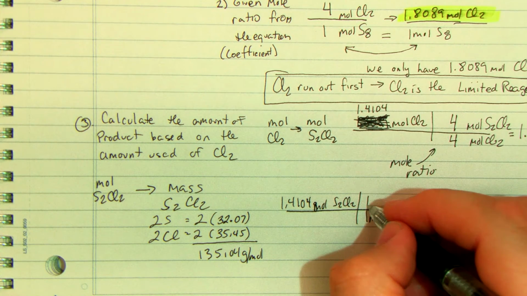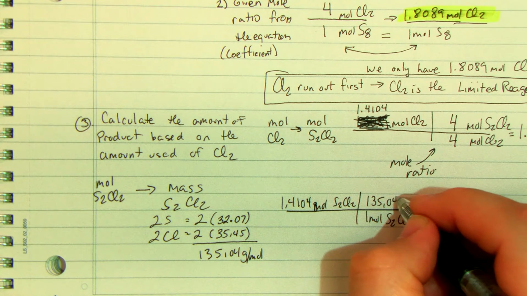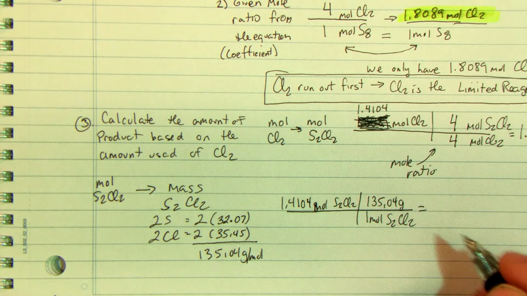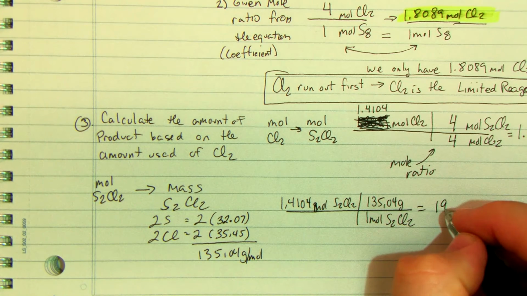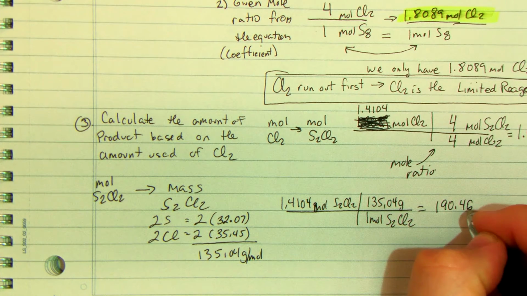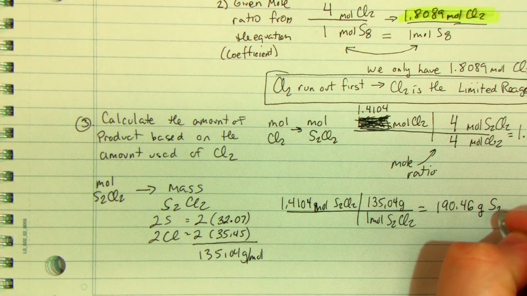Now, what do I do with those two numbers? Multiply them. So 135.04 times 1.4104, and we're going to get 190.46 grams of S2Cl2.